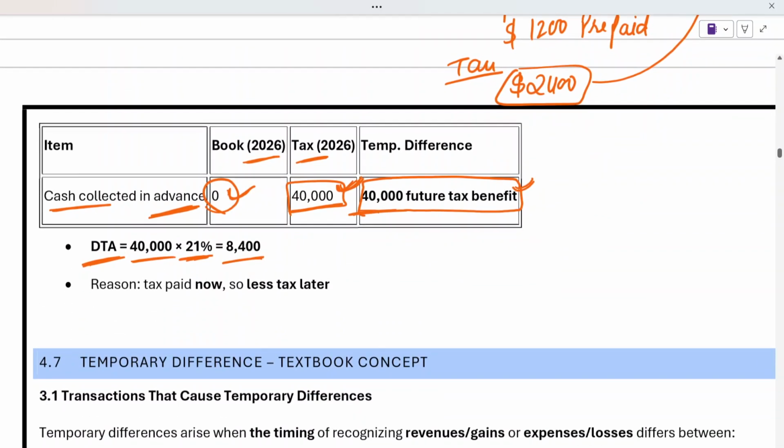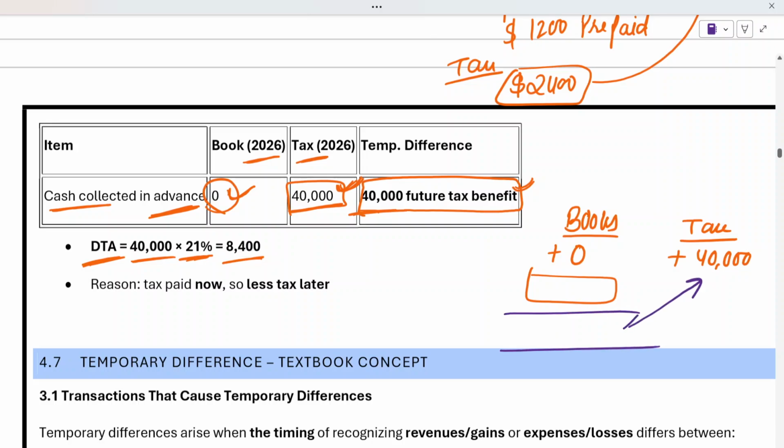Or if you want, you can again write like this, wherein you can say these are my books and these are my tax books. As per my books, I have zero revenue, but the tax department is treating it as revenue, so I write that as a positive 40,000. Now what I need to write here so that both of these numbers match.